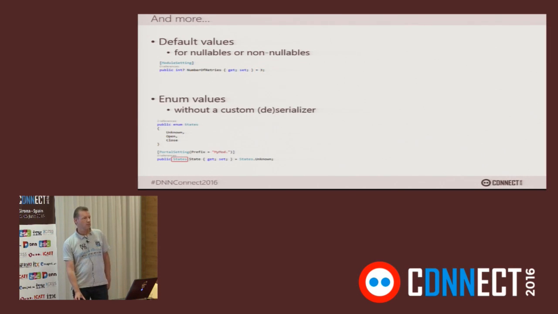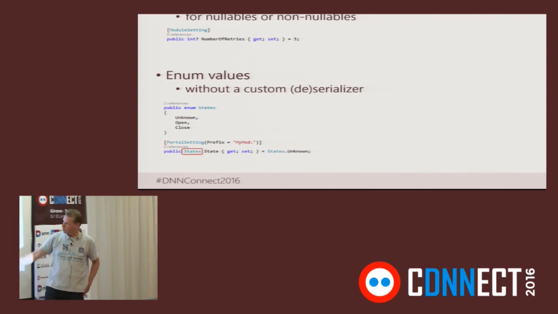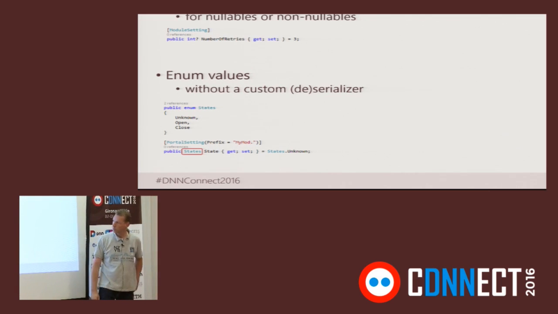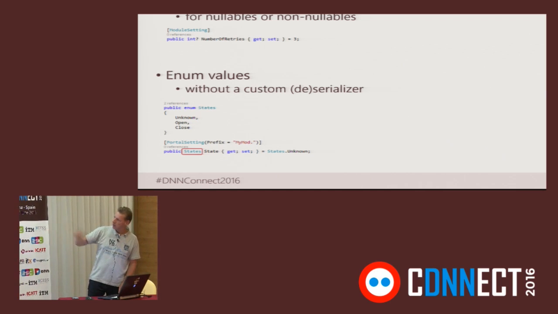Luckily for us, it also persists enum values, and you don't even have to do anything special with that. It just comes out of the box, serializes the enums. And I personally like enums quite a lot. You see, for this example, I've used the prefix example again, in this case because it's in the portal settings.